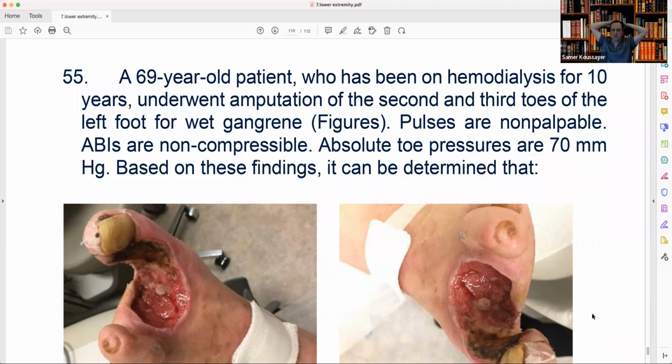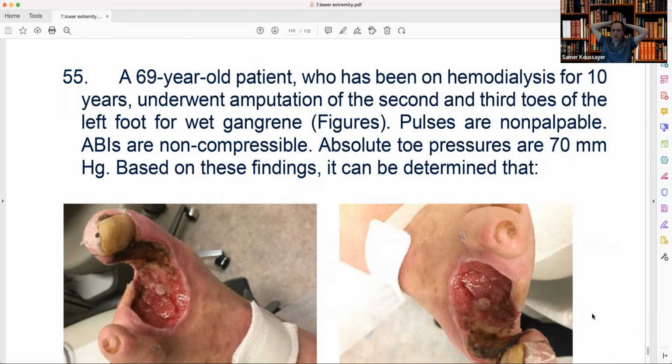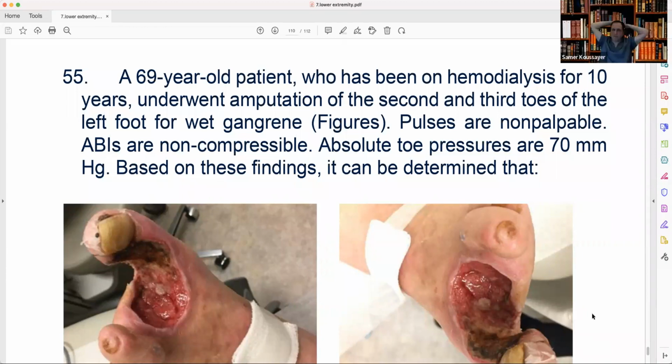Good blood flow or no? Blood flow, right, because you never get this granulation unless you have blood flow. And a toe pressure of 70 is good as well. So even though this patient has no pulses, you can get blood flow because I see good granulation tissue. The ischemia on the toe, don't worry about it.